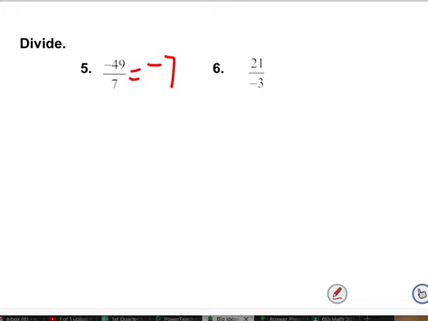What's the answer going to be over there, Mr. Caden? 7. He says 7. Do you agree with him? No. Negative 7. Okay, Caden, the class disagrees because I have two integers. One is positive, one is negative. The solution or the quotient has to be negative. Okay? All right.